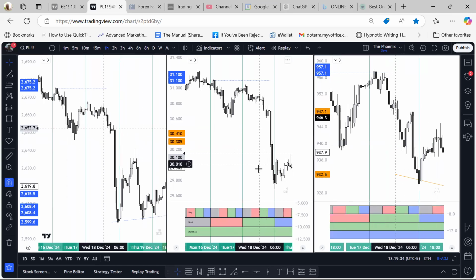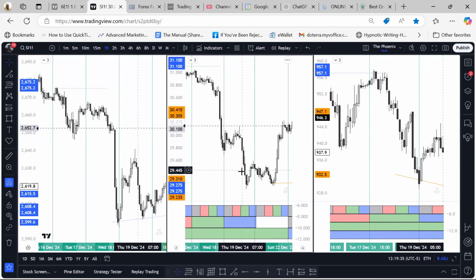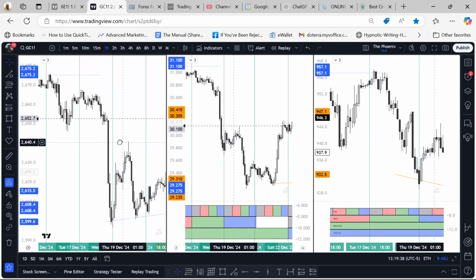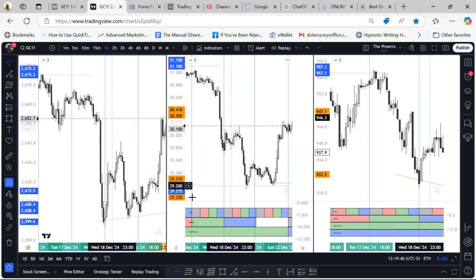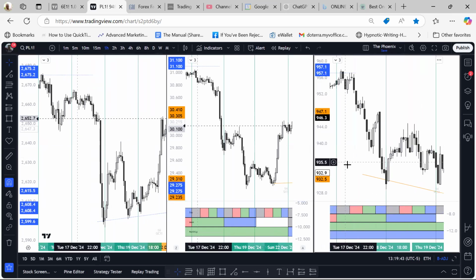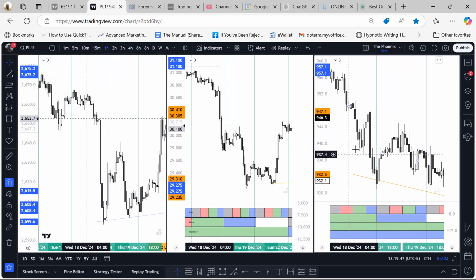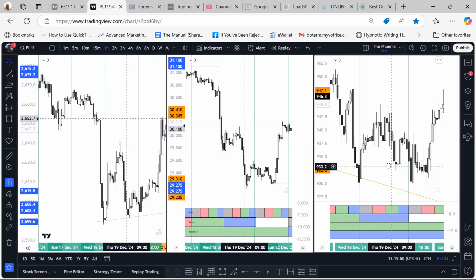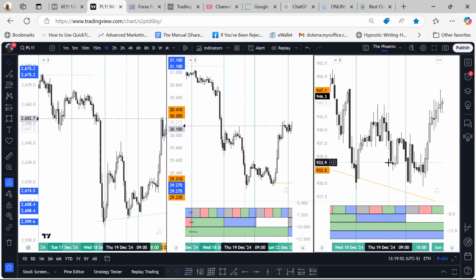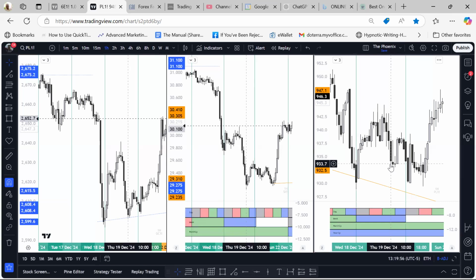All right, so we are at Thursday. Thursday continues the move, and we're at the low of the week. All of this was Wednesday, actually. We're now on Thursday. Thursday on silver takes the low of Wednesday.